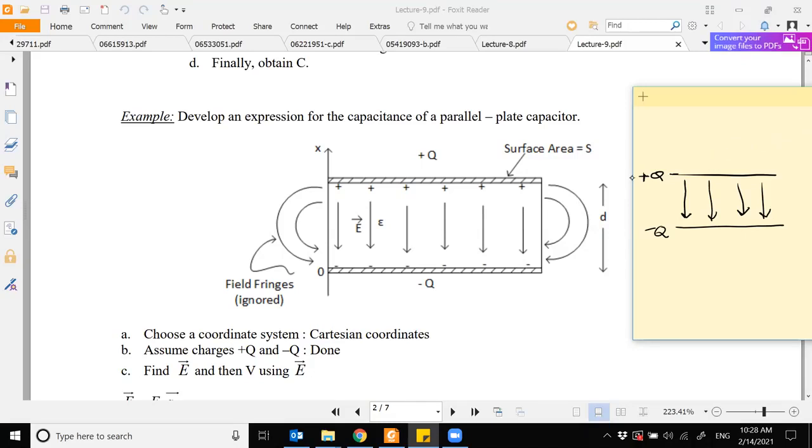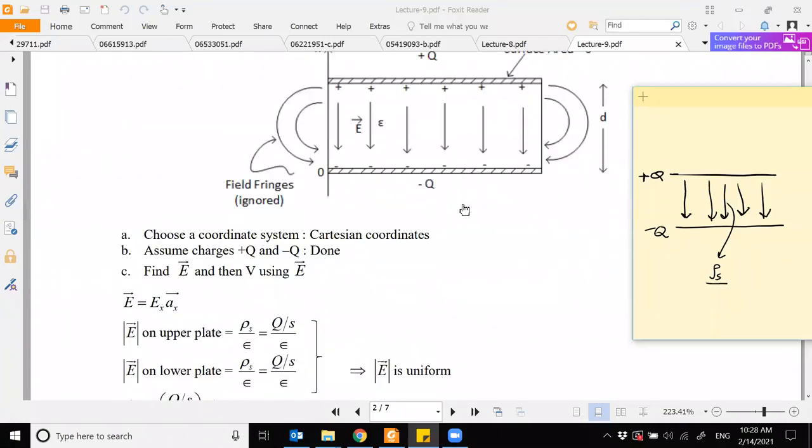So therefore, the expressions that we got for our plates, what was this expression? Do you remember? It is rho S over... Anybody remember? 2 epsilon. Epsilon. Yeah, rho S over epsilon.